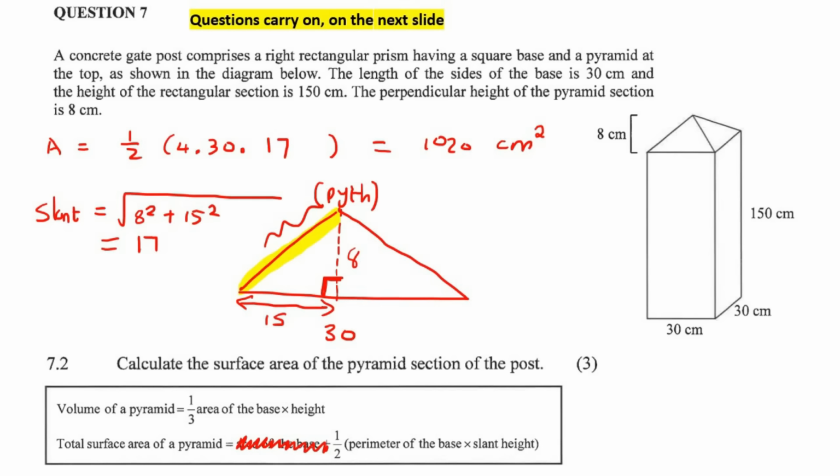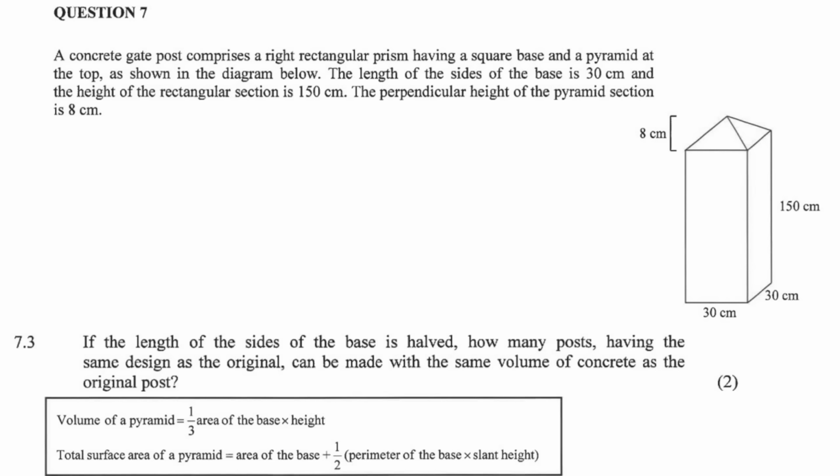The last question says, if the length of the sides of the base is halved. Okay, so the base is this part, right? So they're going to change each of those to 15. So we're going to end up getting a much smaller little pyramid. So the base is now 15.